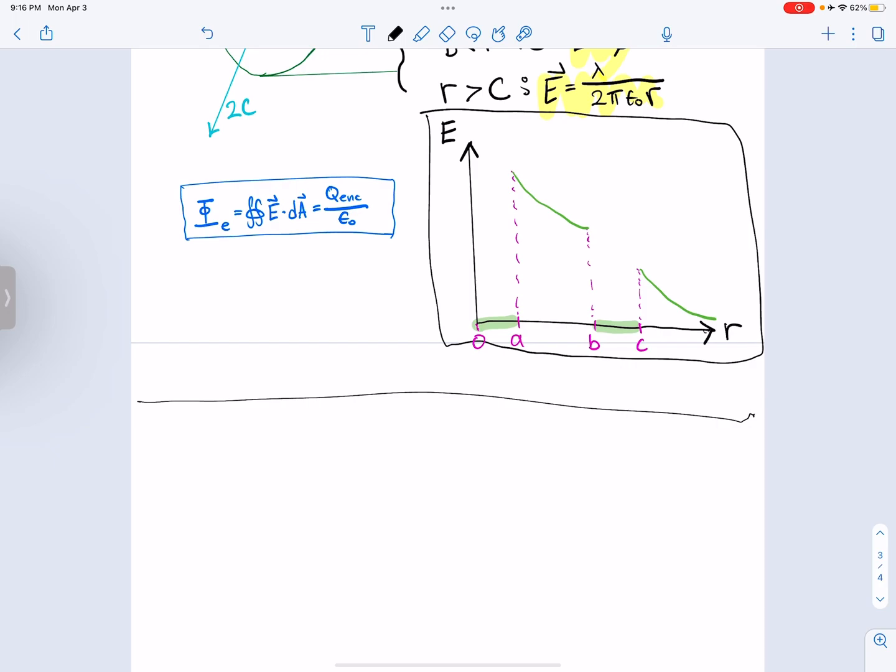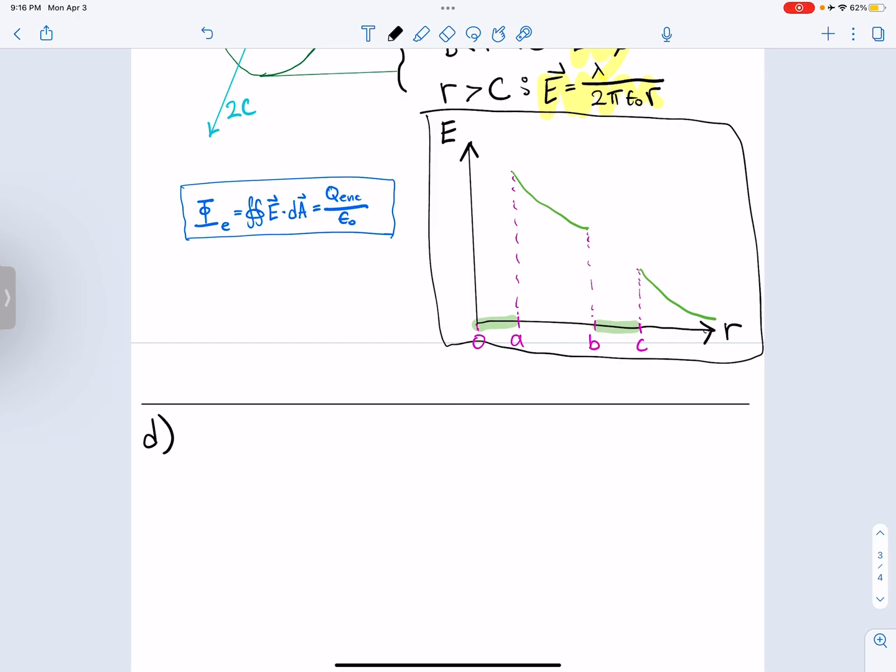Now this thing's not working. There you go. Okay, now for part D. Find the charge per unit length on the inner surface and on the outer surface of the outer cylinder.